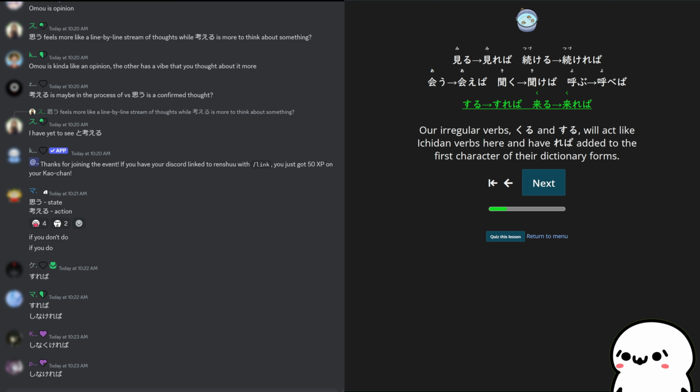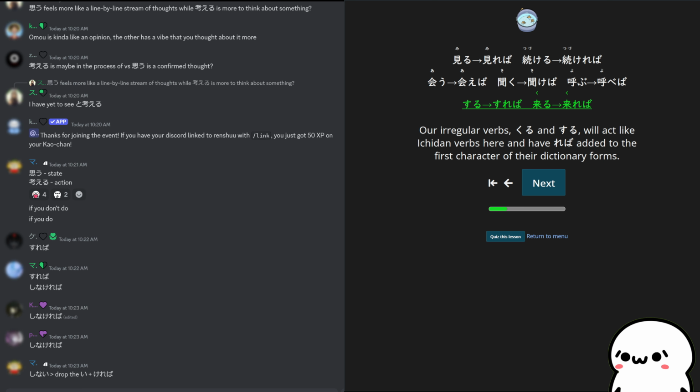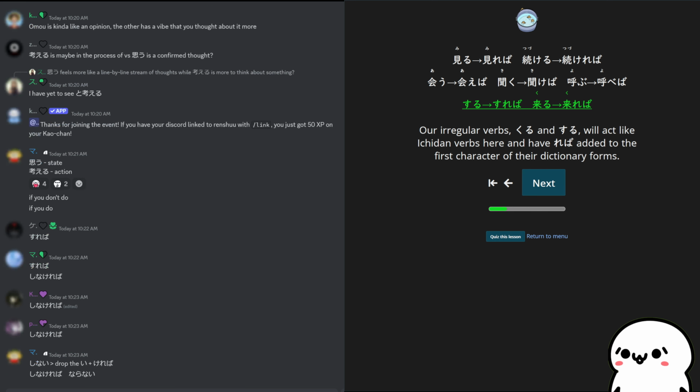Shinakereba. So remember, to not do is shinai. Drop the i, add the kereba. And maybe some of you are starting to think, oh, I've seen this before. Shinakereba naranai. It's that must.